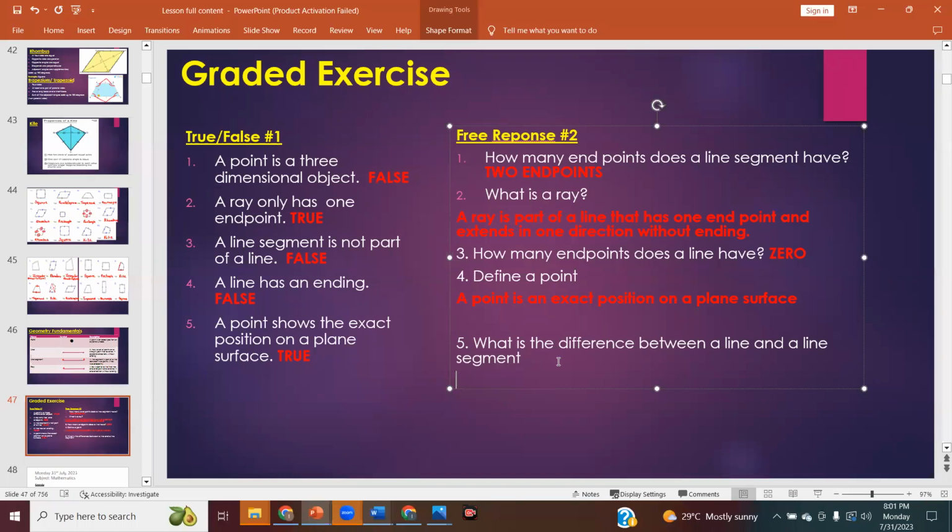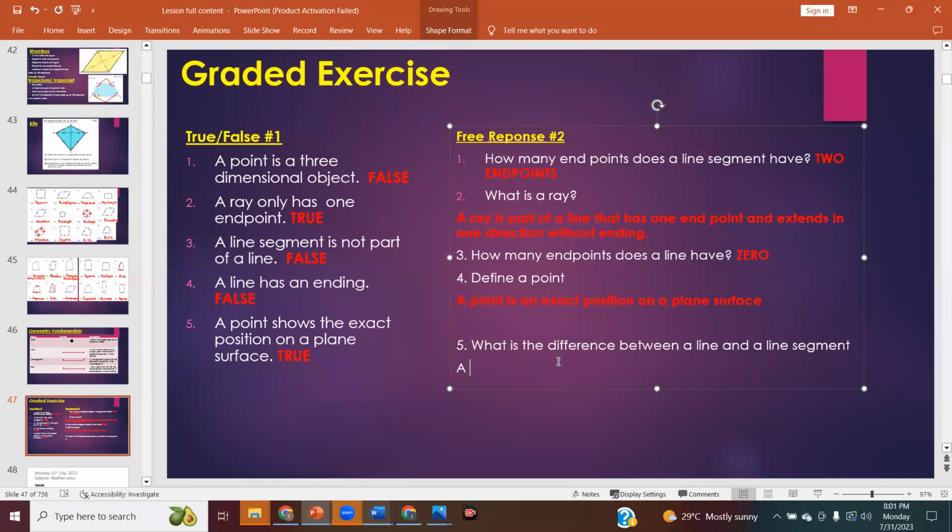So a line has a dimension figure with length and no width. A part of a line having 2 ending points. No, that's not the difference between a line and a line segment. Can anyone else help him? Talia, what's the difference between a line and a line segment?